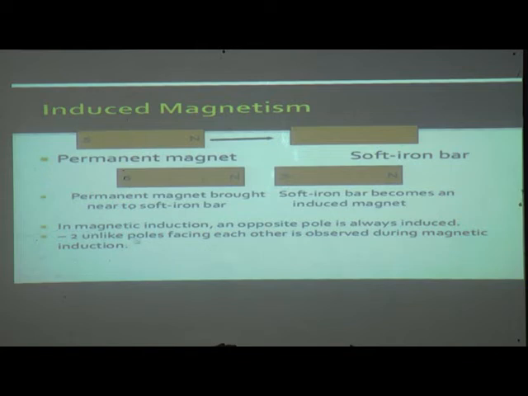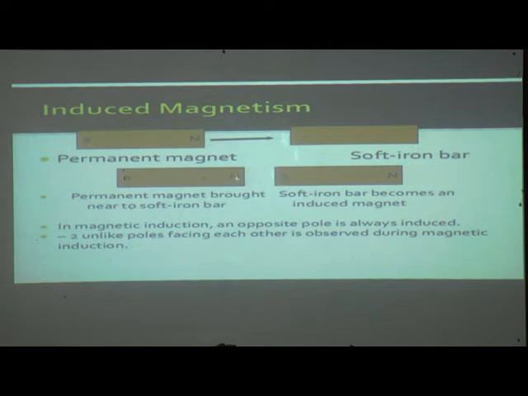Then two unlike poles facing each other is observed during the magnetic induction. Okay, so this is given here. In magnetic induction, what happens? When we bring this permanent magnet near to the soft iron bar, this is called magnetic induction, and opposite pole is always induced. So we should keep these north and south poles near to each other.